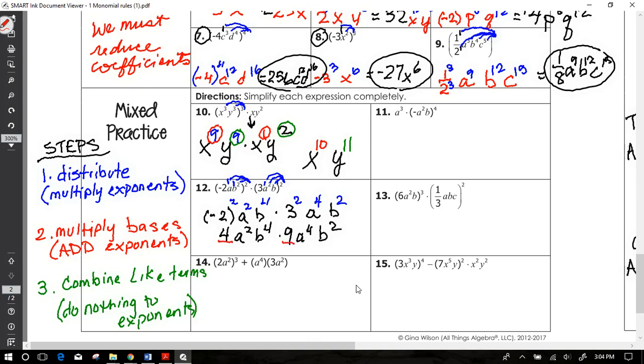So 4 times 9 is going to give me 36. Now that I'm multiplying bases, I'm going to be adding these exponents. So a squared and a to the 4th, 2 and 4 is 6. And I'm out of different colors, so I need to reuse the blue, but b to the 4th and b squared is going to give me a 6. So my final answer is 36, a to the 6th power, b to the 6th power.